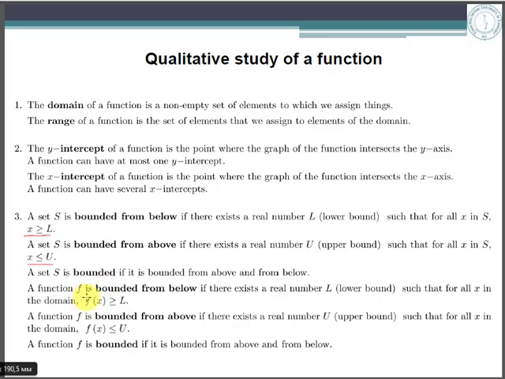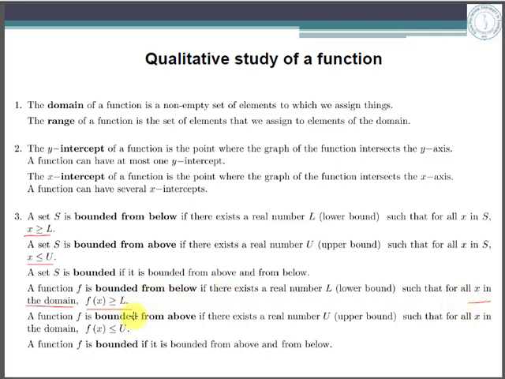So a function f is bounded from below if there exists a real number L, a lower bound, such that for all x in the domain, f of x is greater than or equal to L. This is the definition for the function f of x. We can see here that x is in the domain. This is the main part: x should be in the domain.